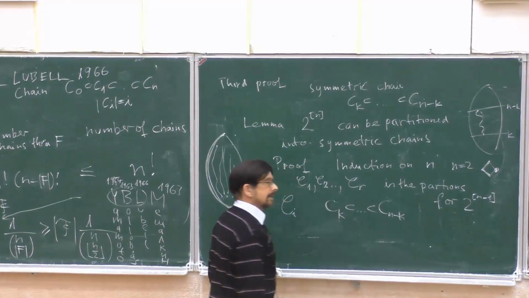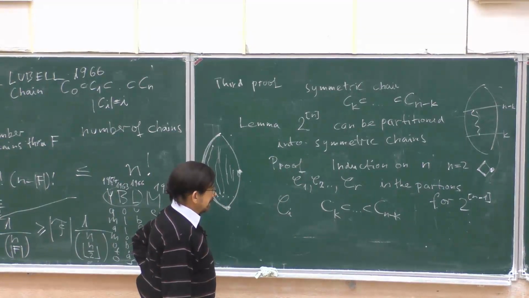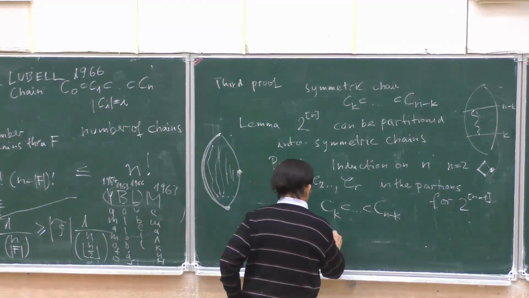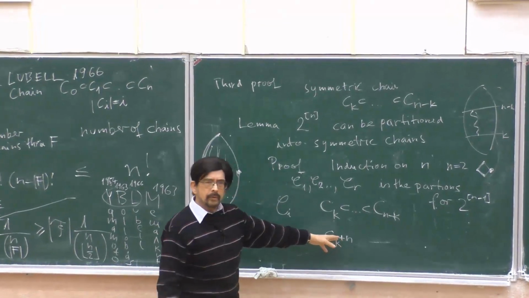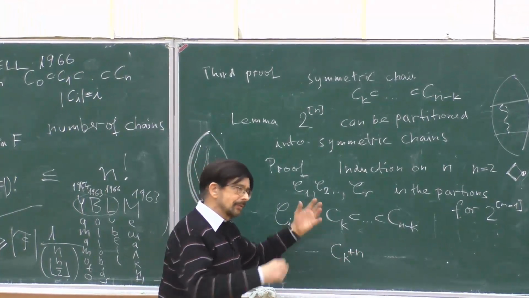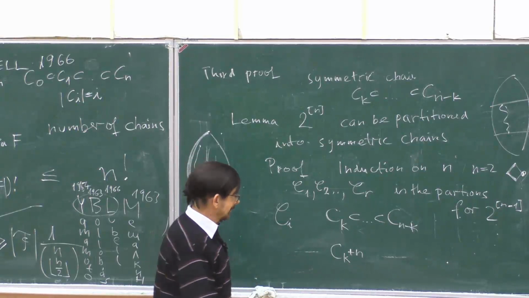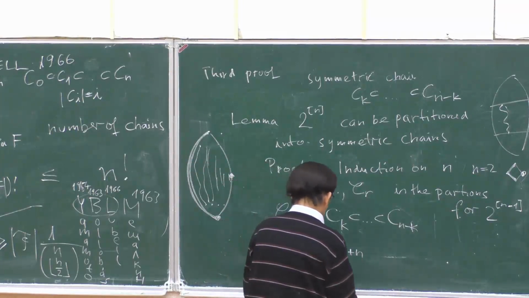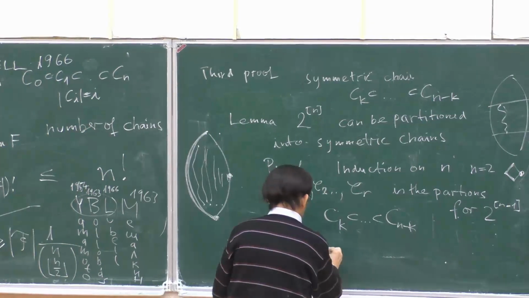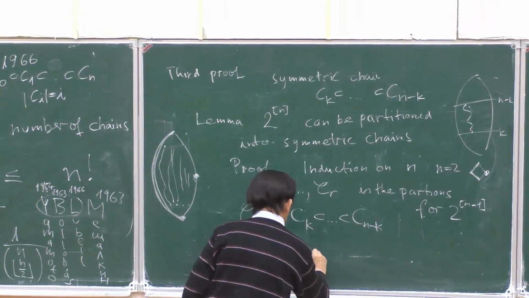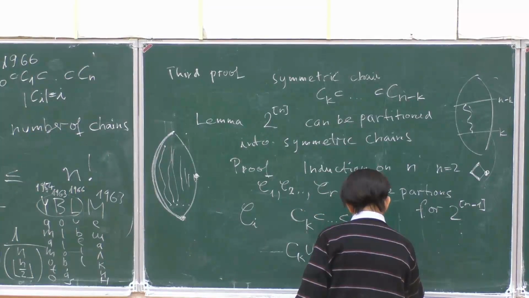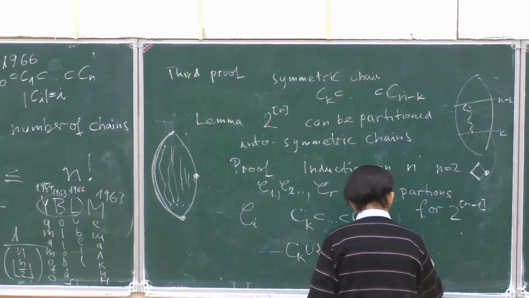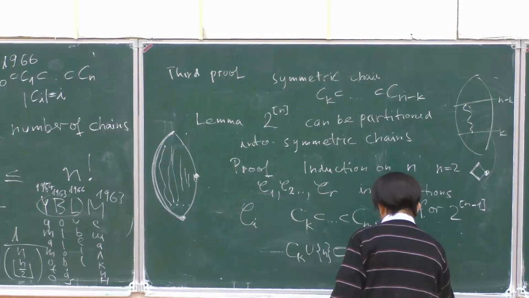So one idea is that, I hope you don't mind this notation. This is sloppy notation, it's the union with a one-element set. No, I better write it out. Okay, so C_k union n, and C_{n-k} union n.